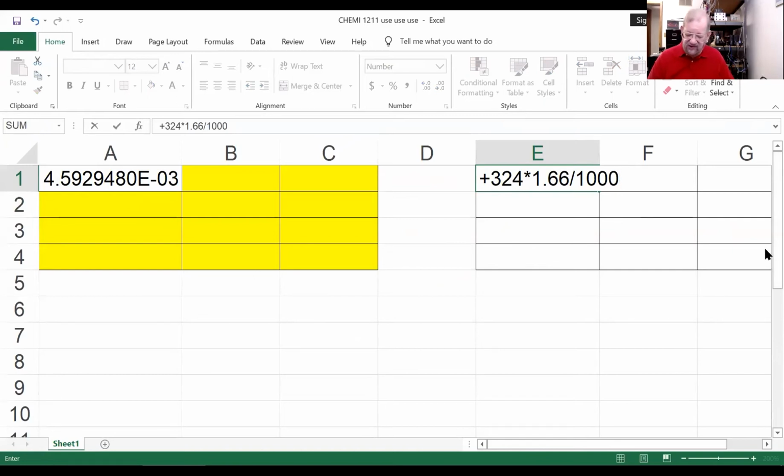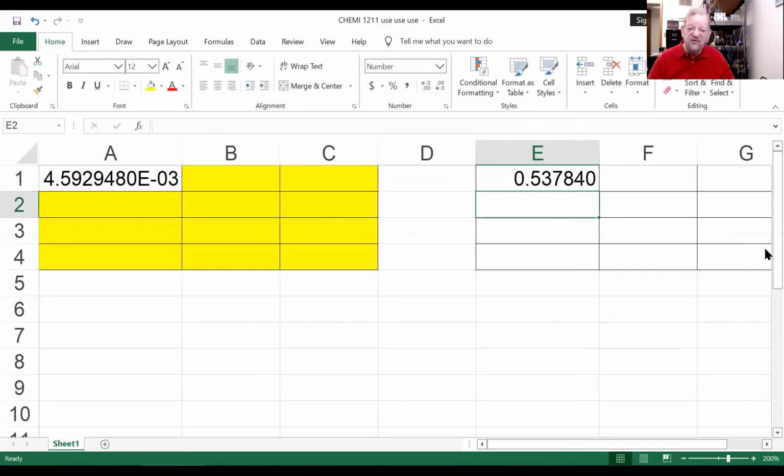Don't forget 1,000 is the exact number. Let's round that off to 3 significant figures. I'll let you do it first. Time's up. Keep the 5, keep the 3, keep the 7, use the 8 to round off. It's 5 or greater. So that rounds off to 0.537.